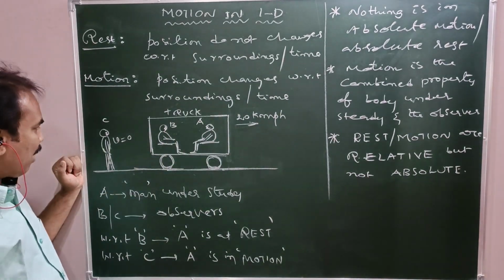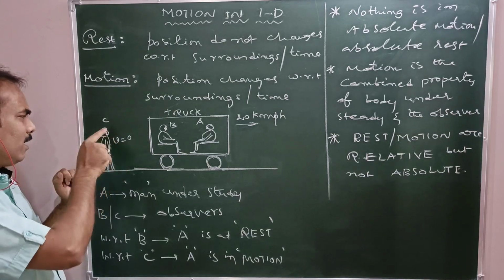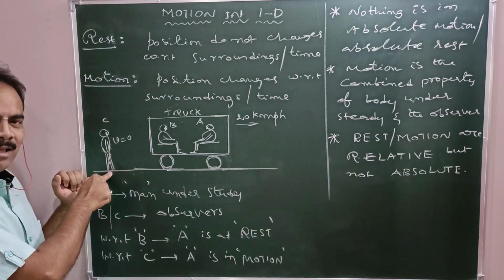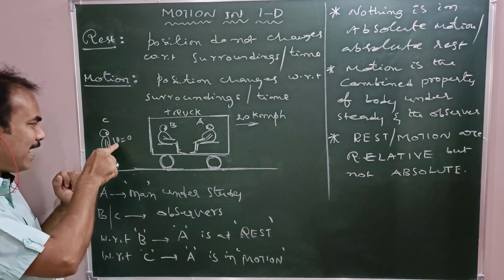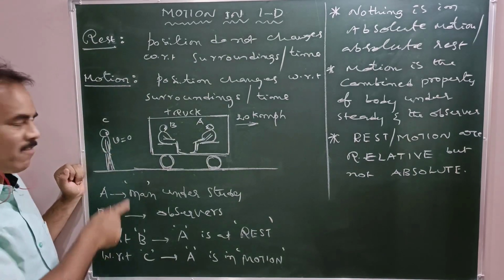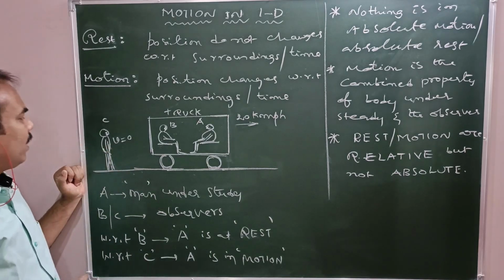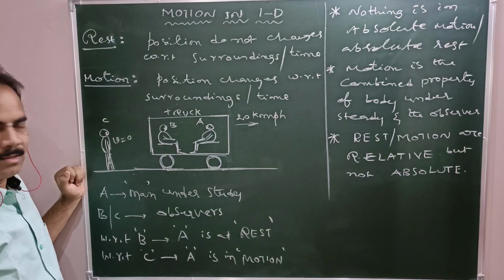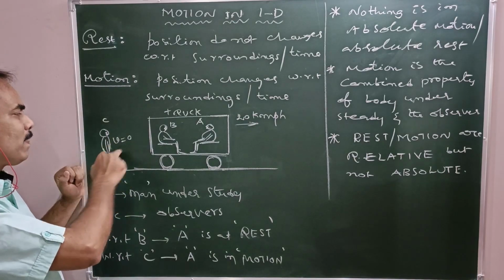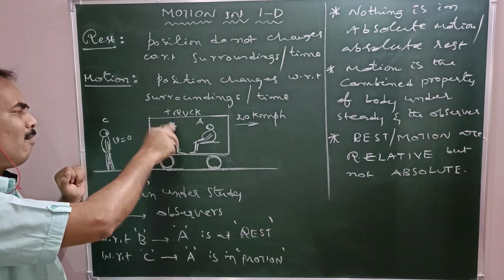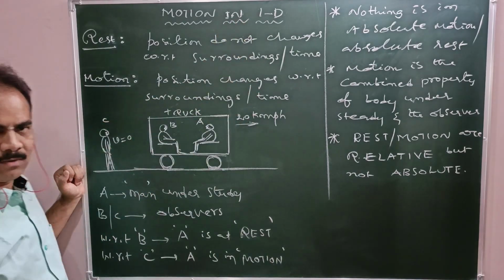Now coming to C. Person C is standing outside of the truck somewhere on the ground. Standing in the sense his velocity is 0. With respect to C, what is the state of A? With respect to C, the truck as well as A and B, all three are in motion. Why?